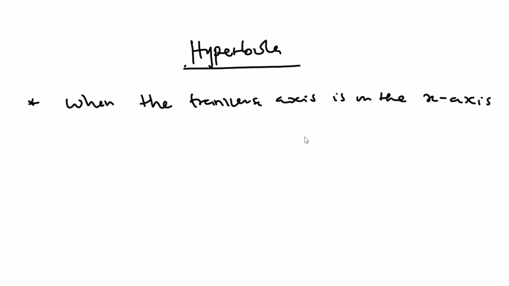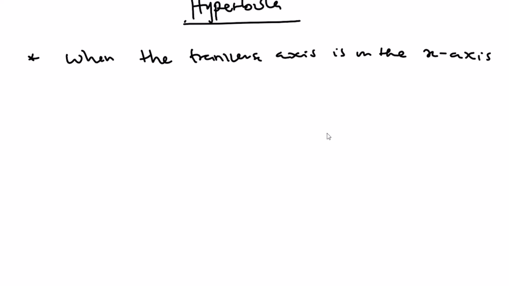Now we said that the transverse axis is where you find the foci. So when it's on the x-axis, what happens? Okay, so let's take this diagram.